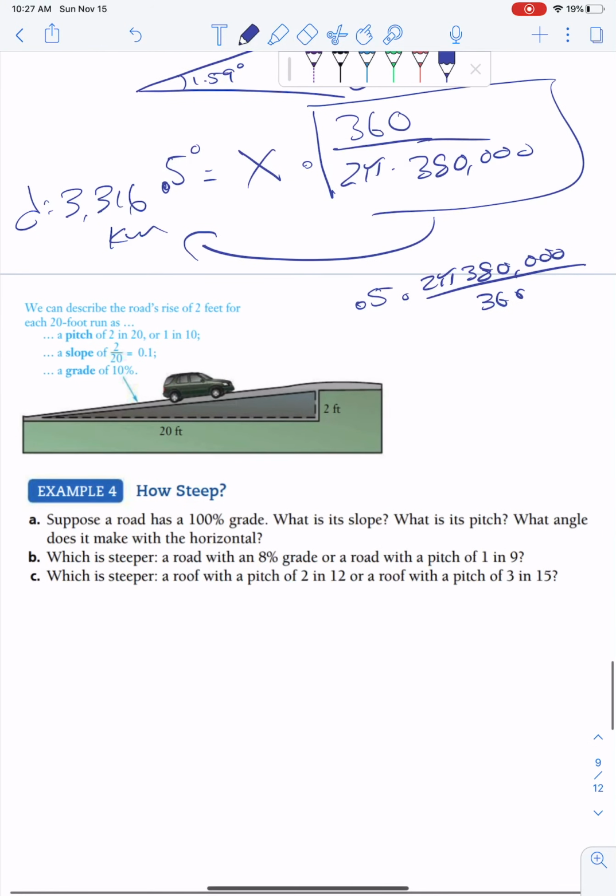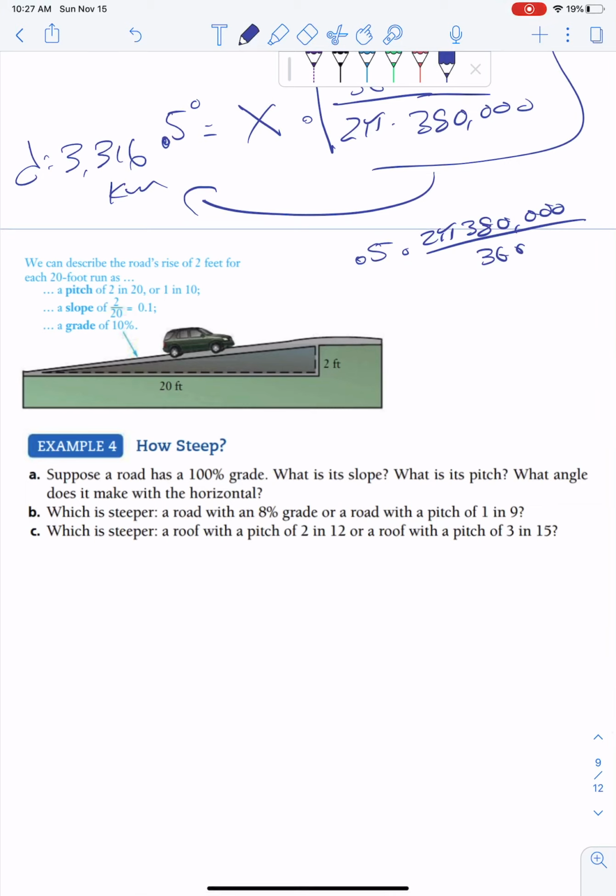Okay, 2 more. I know, it's a lot of little topics, a lot of little equations, a lot of little formulas, but don't stress, we'll give it all to you. This all deals with slope, okay? So this car's going up a hill. We can say that the pitch of that hill is the height of the hill divided by the length that the car traveled. That's called pitch, okay?